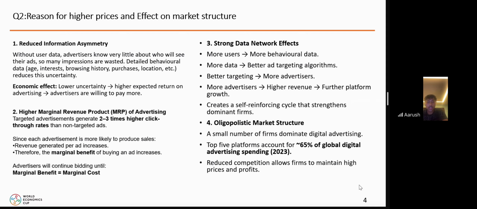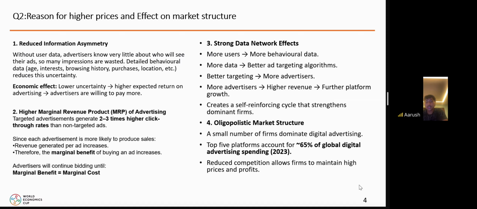On the effect on market structure, more users create more behavioral data, improving ad targeting algorithms. Better targeting attracts more advertisers, generating higher revenue, which platforms reinvest to improve their services. This cycle makes it increasingly difficult for smaller firms to compete and challenge the dominant platforms.